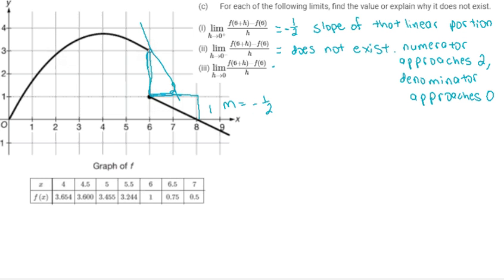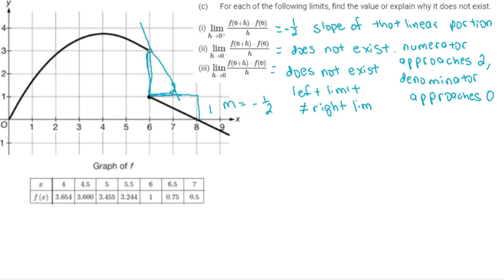And then for the last one, that limit does not exist. And we have 2 reasons why it does not exist, so we can pick either one of these 2 reasons. The left limit does not equal the right limit.